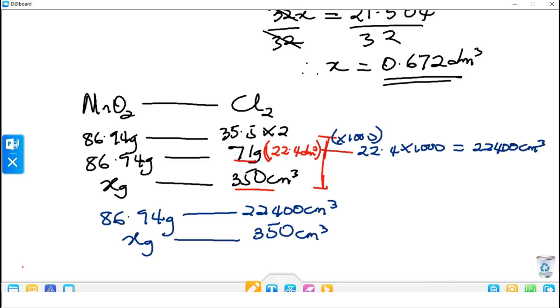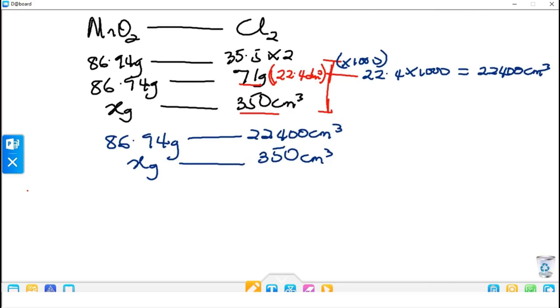And we have established what will give us our answer. So with that, let us cross multiply. Cross multiplying now, we have 22,400 times x is equal to 86.94 times 350.